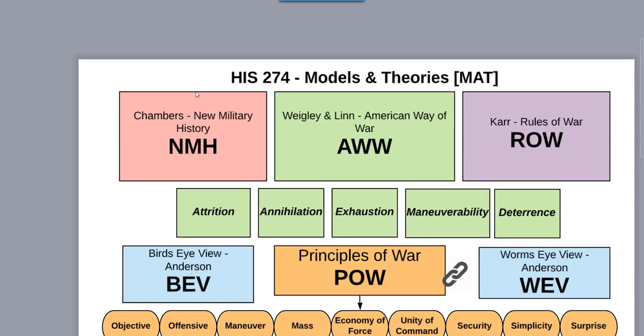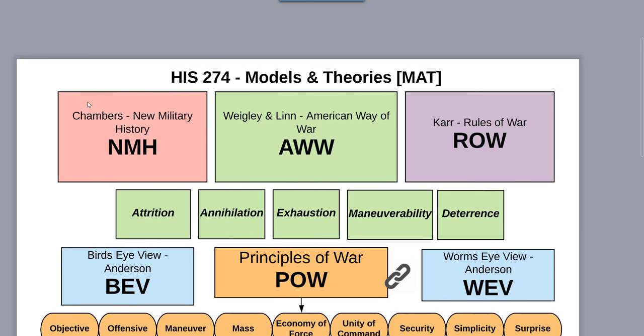Right off the bat, we started the course with Chambers and the New Military History, looking at history in a broader conceptual framework, going beyond the old military history, which was focused on battles, strategy, and tactics, and looking at a broader approach, which still keeps the old.